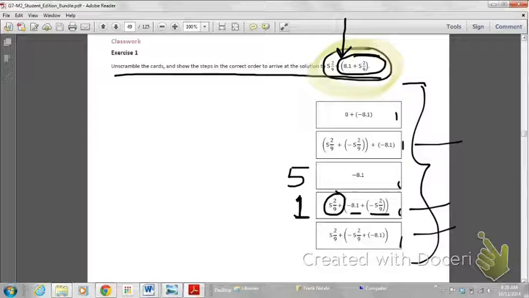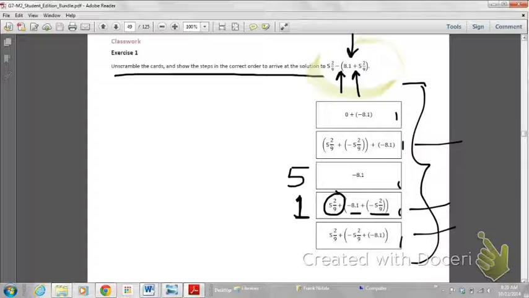This is really confusing. When you look at this problem initially, it causes a great deal of confusion to kids. You say, okay, it's 5 2/9 minus, and our tendency is to just subtract out that 8.1, but then add that 5 2/9, which is not the case, which is not true.